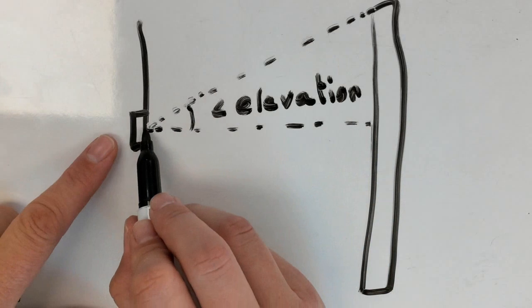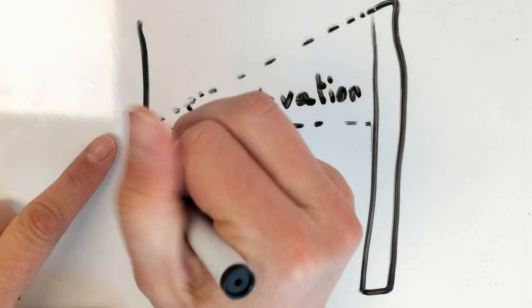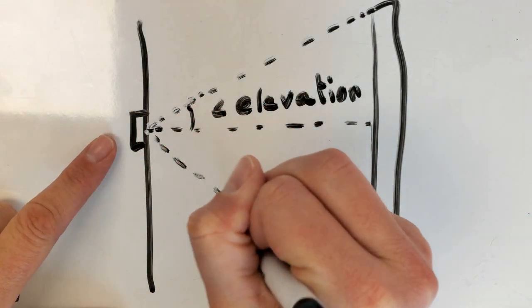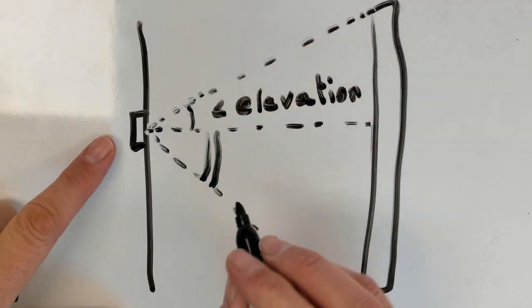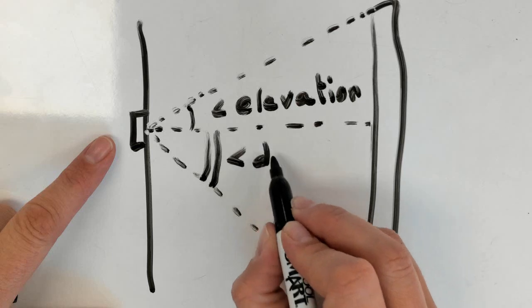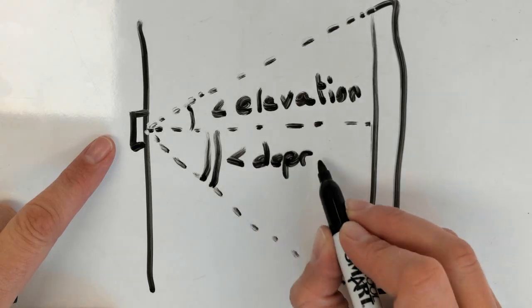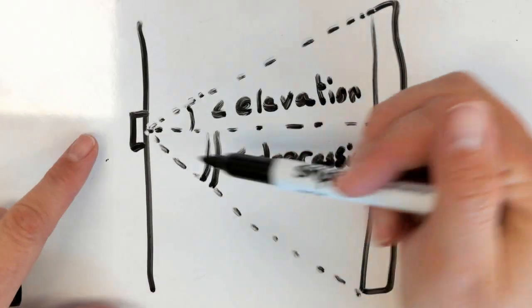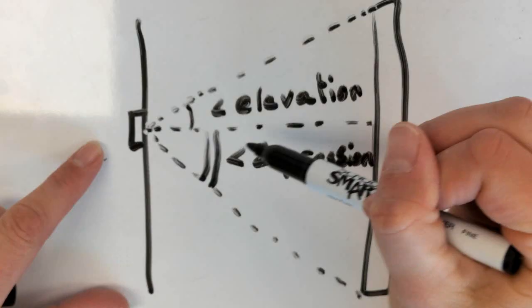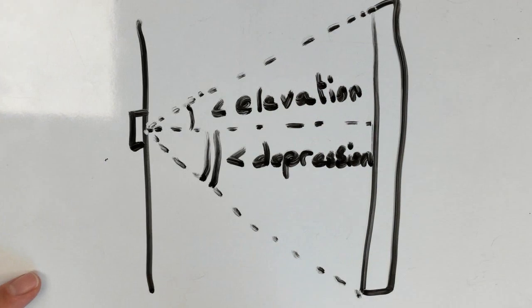And then if I was looking straight ahead, and then I took my eyes and looked down, this right here would be my angle of depression. Okay, so that's what it means. There are a bunch of problems where you're standing there and you look at the top of the thing and then you look at the bottom of the thing.